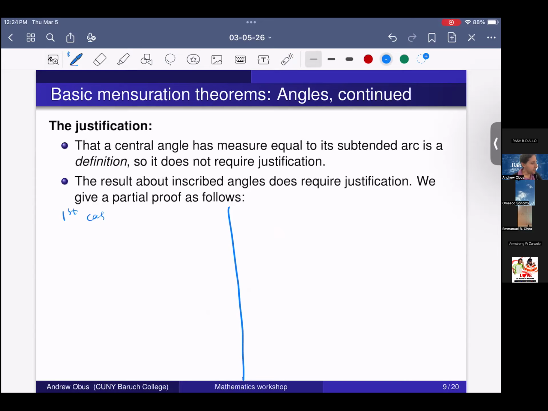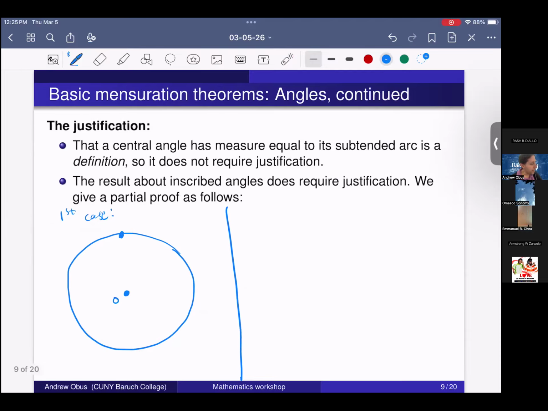So first case, let's say I have my circle here, with center O, and now let's say that my angle involves a radius.